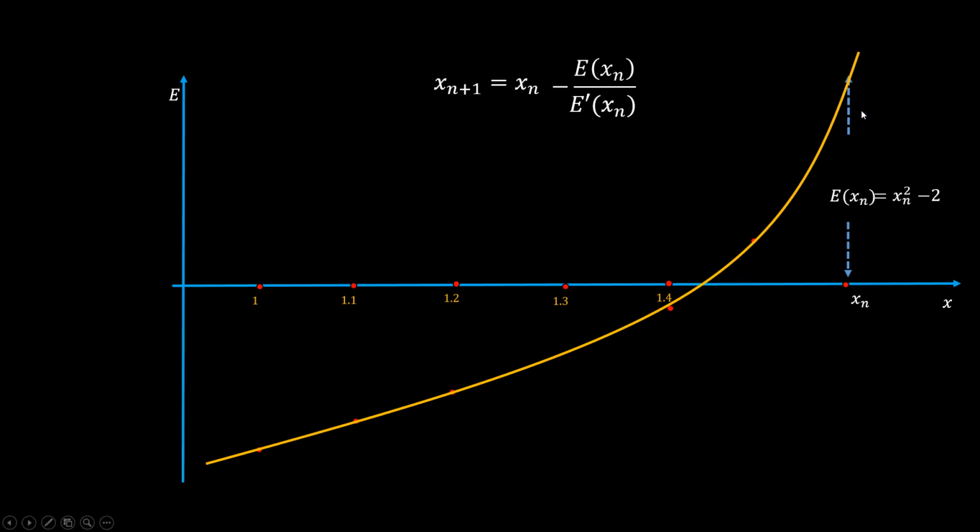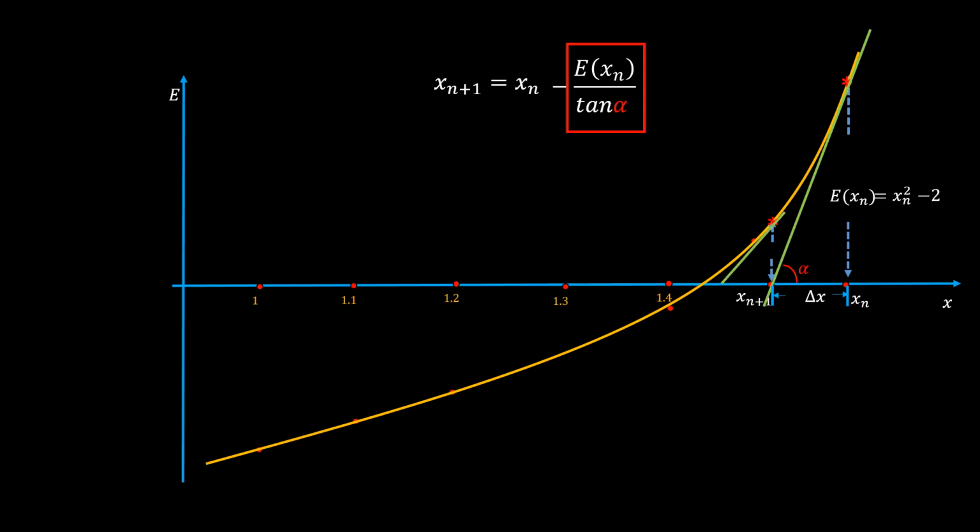The speed at this point is the slope of the tangent line. So if you divide the height over the slope, what do you get? You get this horizontal length. This is our step size. Therefore, the effect of this ratio is equivalent to traveling along the tangent line to get the next guess. Then go up again, follow the tangent line, get the next guess, and so on.